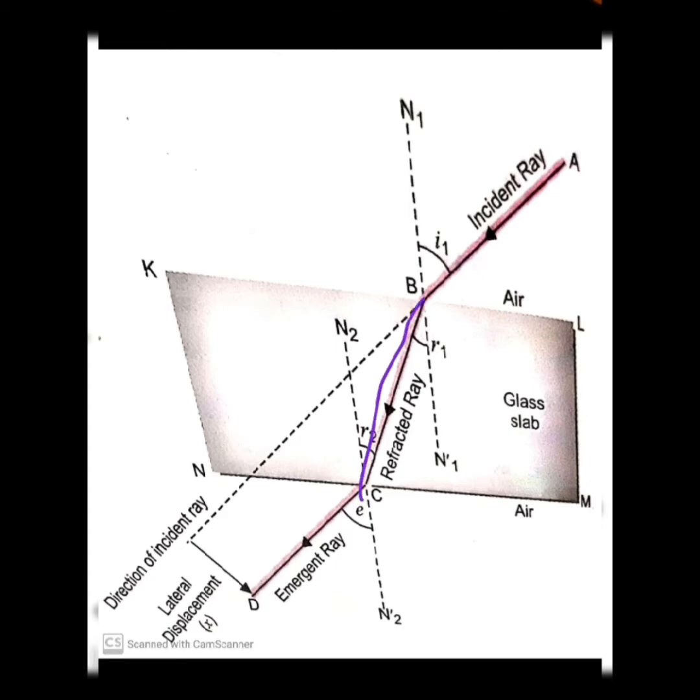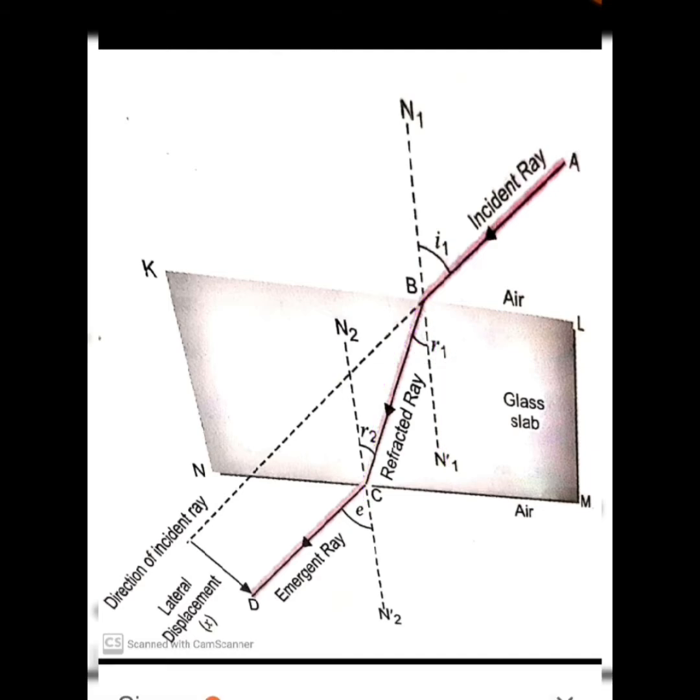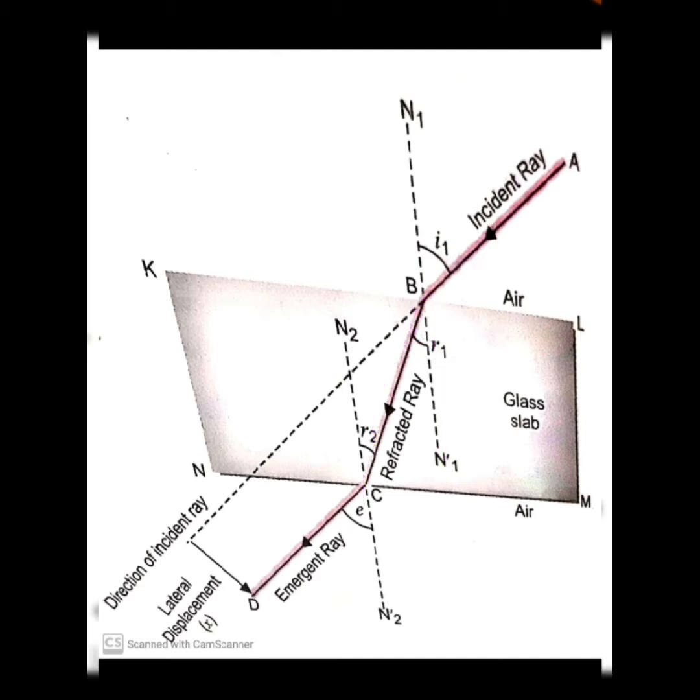So only consider up to this process. According to Snell's law, as explained in the previous video, sin I1 upon sin R1 is equal to the refractive index of glass with respect to air.